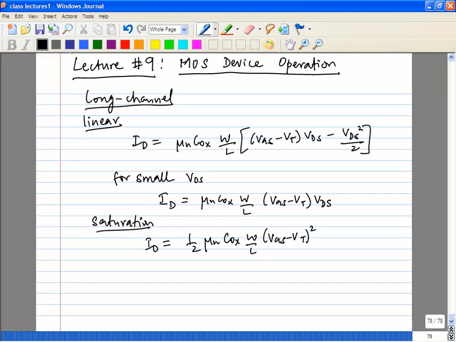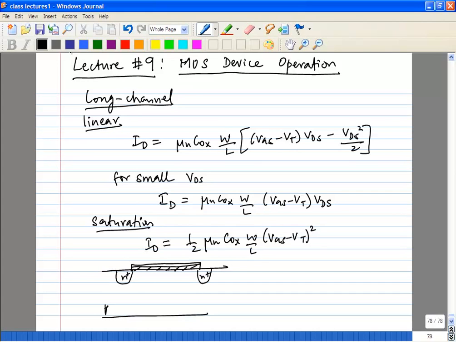This is for a long channel device, and you should also know a little bit of the MOS device physics. What happens to the channel when it is formed? We covered a little bit of it last week. So you have the oxide and the P substrate. When it's off, there is no channel, it's just the bulk, so no current flows through the device.